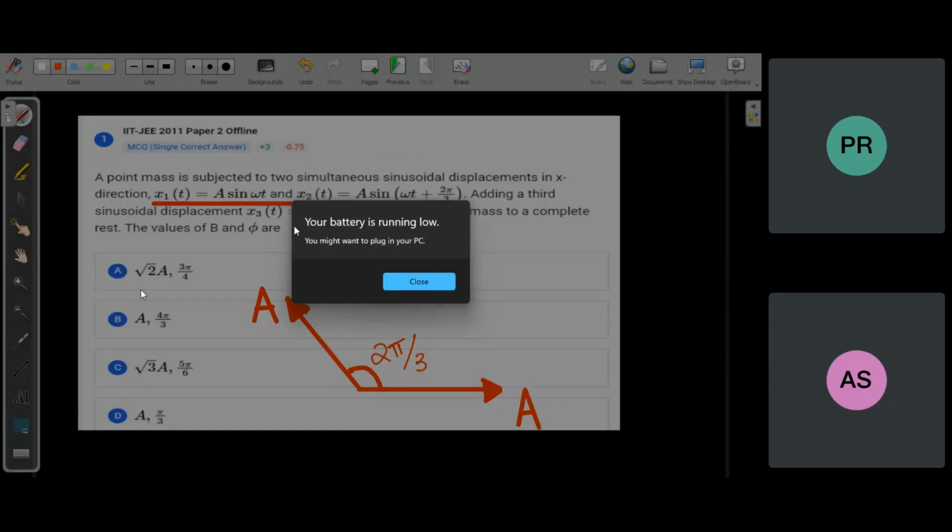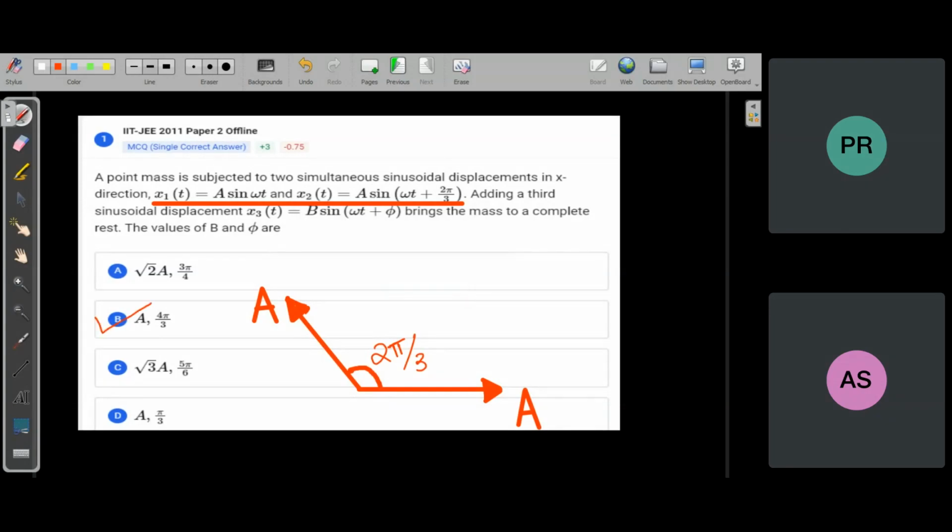Not B, it will be A. Yes, that is the correct answer.